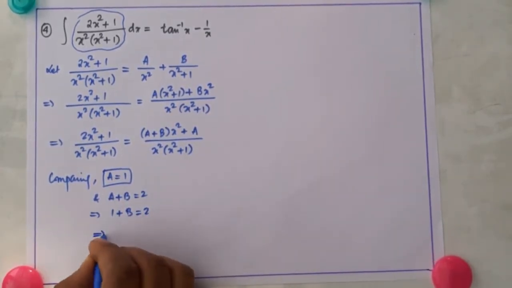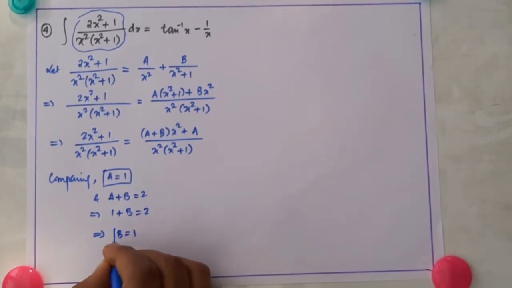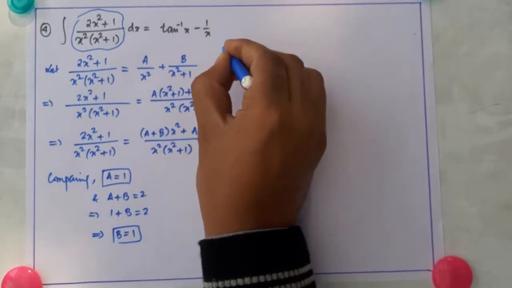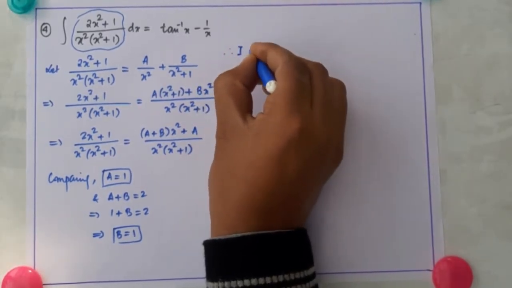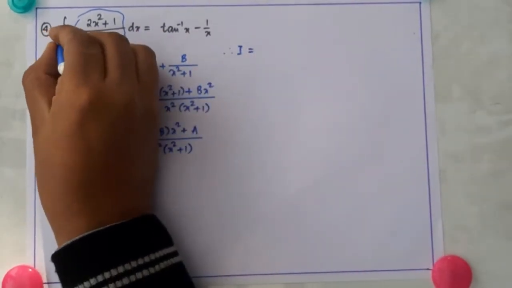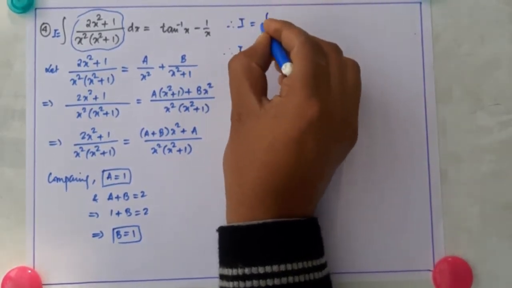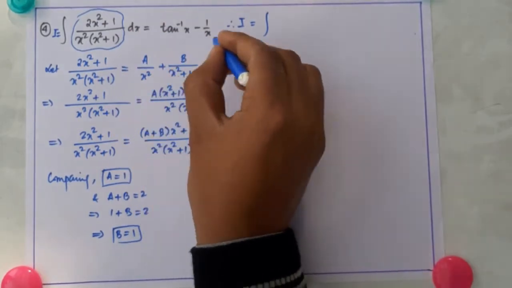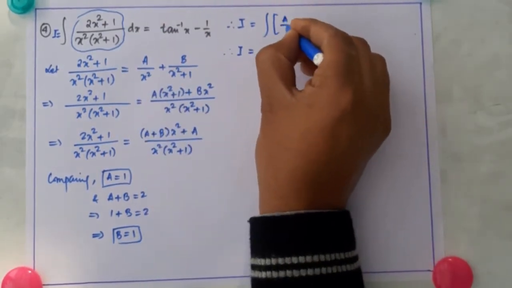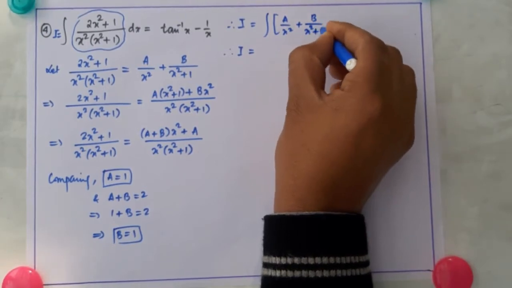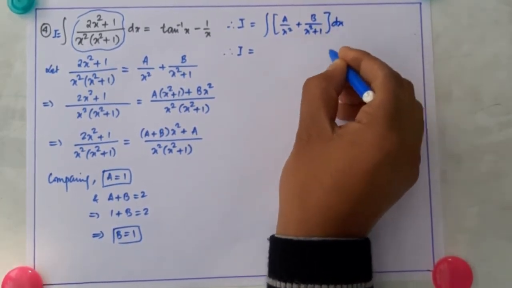So from here we see that b turns out to be 1. So in this case, therefore, integral I is equal to, so instead of this, can I write a by x square plus b by x square plus 1 dx? Can I do that? Yes.